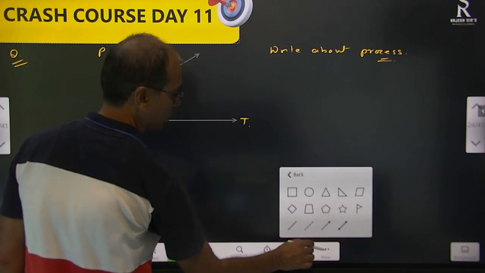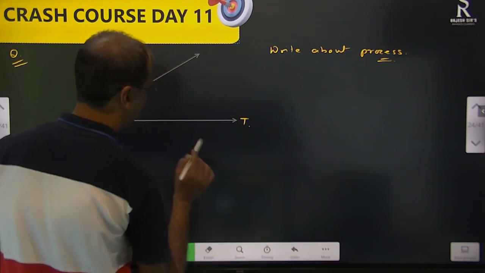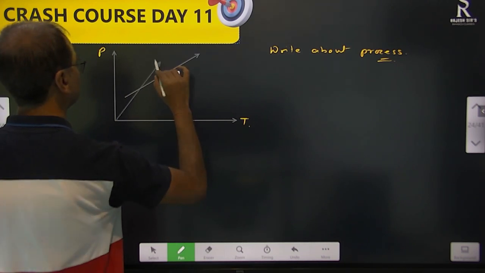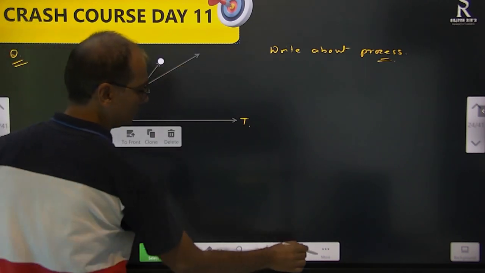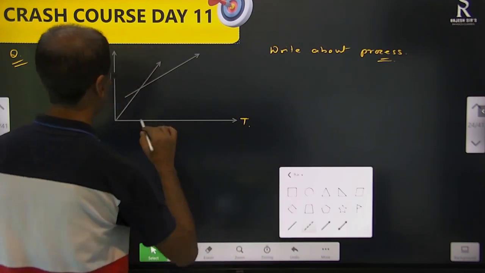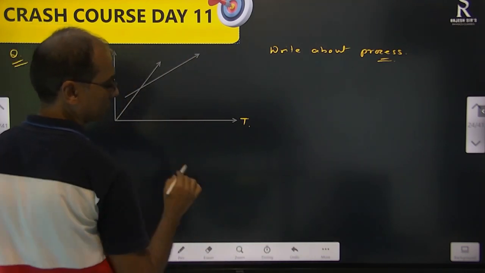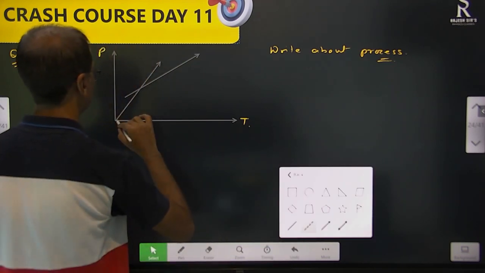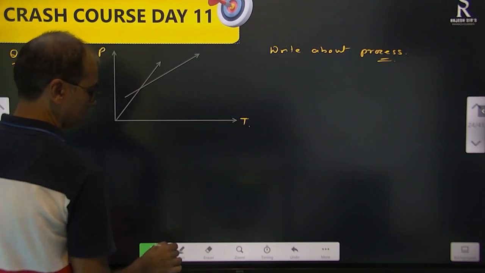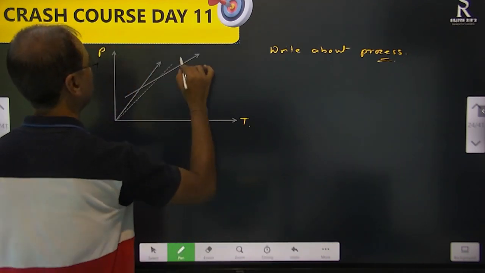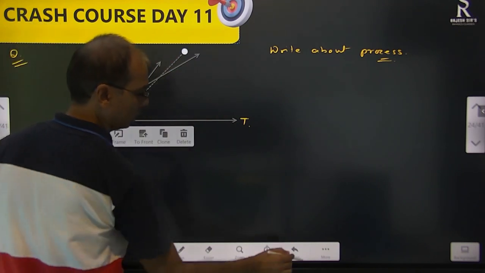What is that? 3 lines I'll make starting from the origin, like this. This is one, then this is the second one, same with the third.